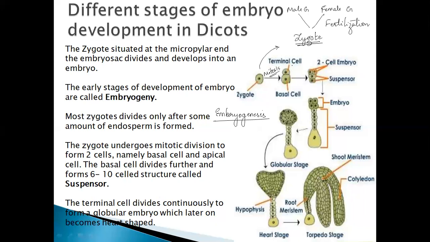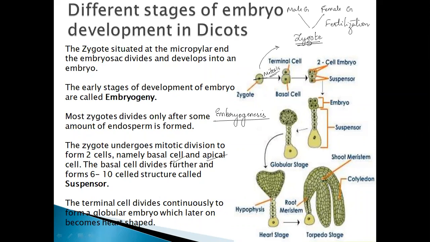One is the apical cell, or terminal cell, and another one is the basal cell. Understood? The zygote undergoes mitosis and divides to form two cells.